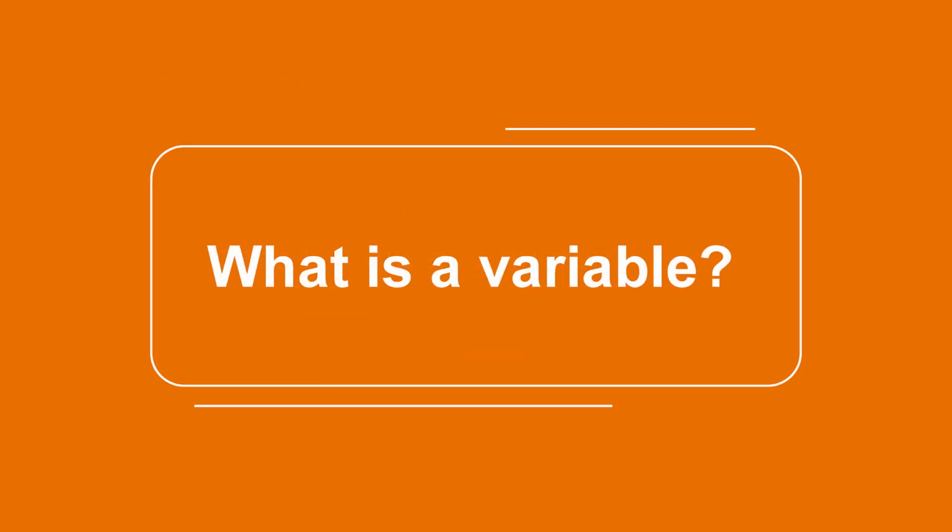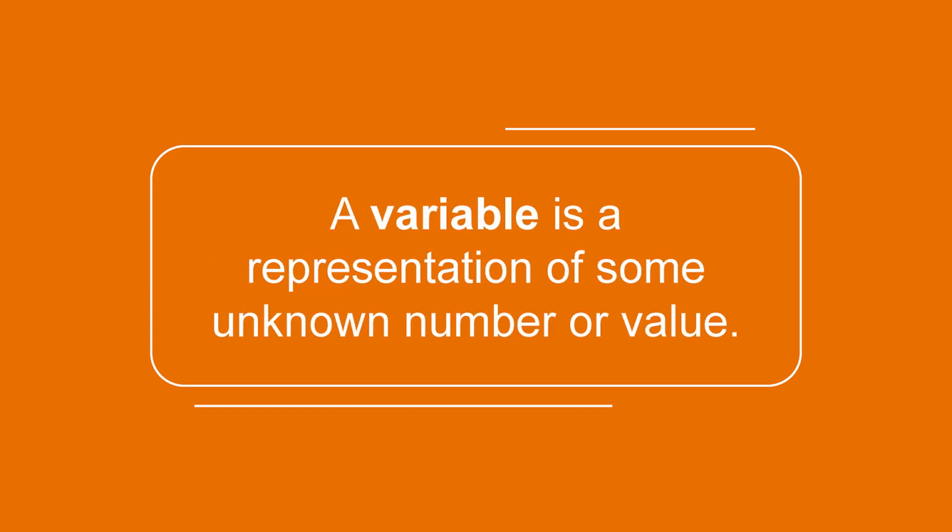The word variable gets thrown around a lot in our math classes, and in statistics, it still means pretty much the same thing that we're used to. A variable is just a representation of some unknown number or value. The biggest difference is that in other disciplines like algebra, you might be used to trying to solve for a variable, and there might only be one or a handful of possible solutions.